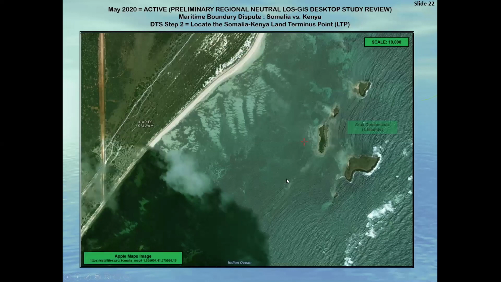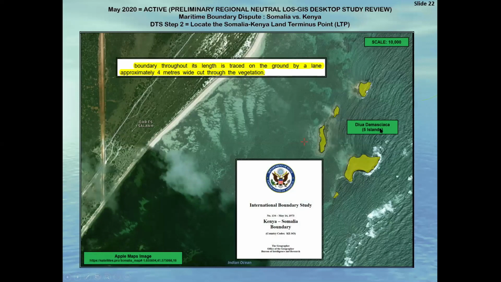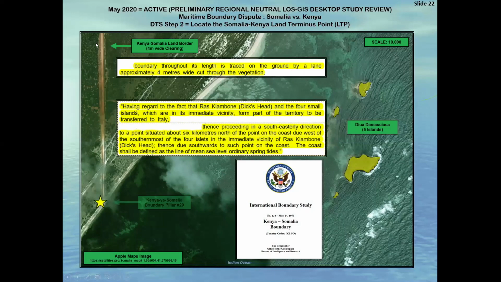So let's bring this to present day. Here's a wonderful 1 meter Apple map image. These five islands offshore, I'm going to pronounce that name wrong, are critical. You'll see that there's a boundary down here that is the 4 meters described in this CIA document that we made use of.